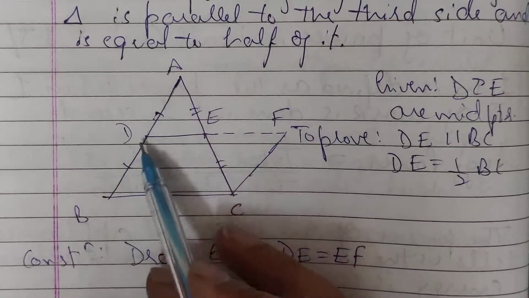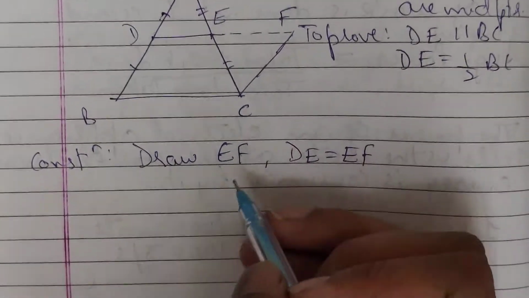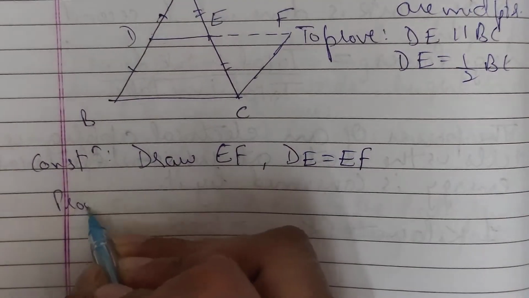Now in this triangle and this triangle, what do we have?